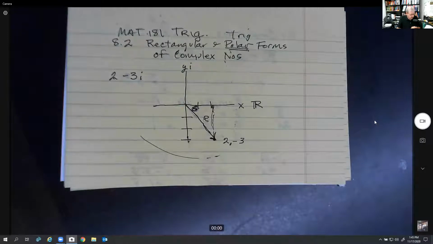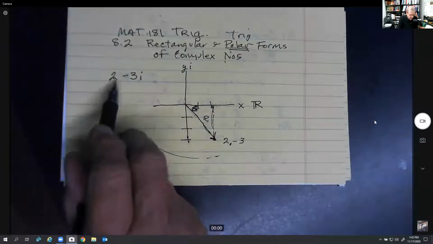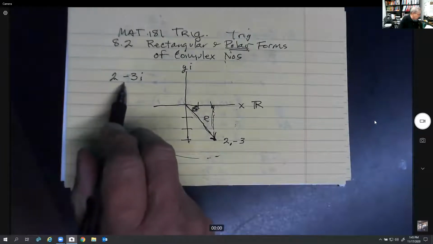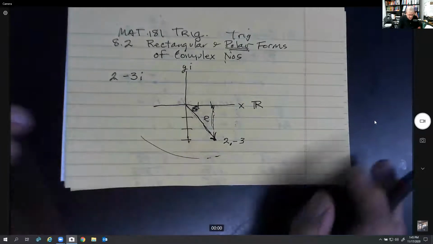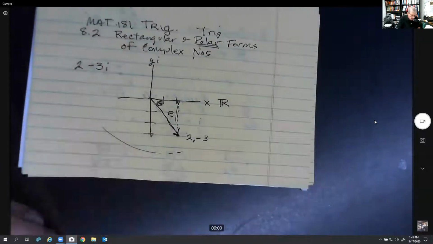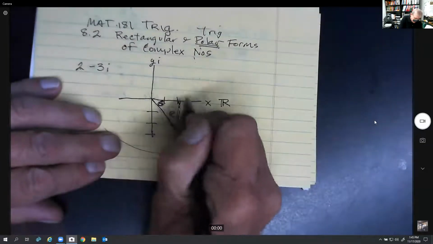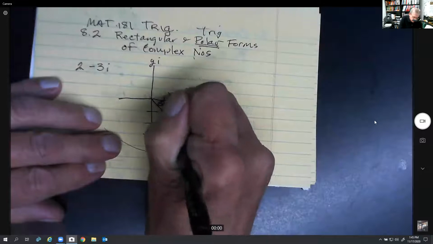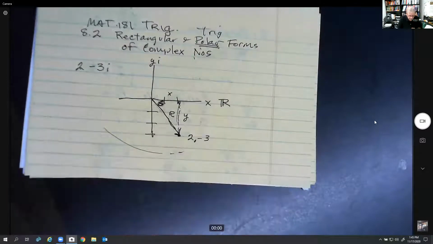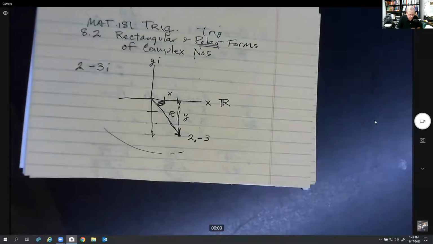That's what we're going to look at in this section. We're used to seeing things in this form, but we're going to change them around a little bit. So this would be in the x direction, and this would be the y direction, x and y.